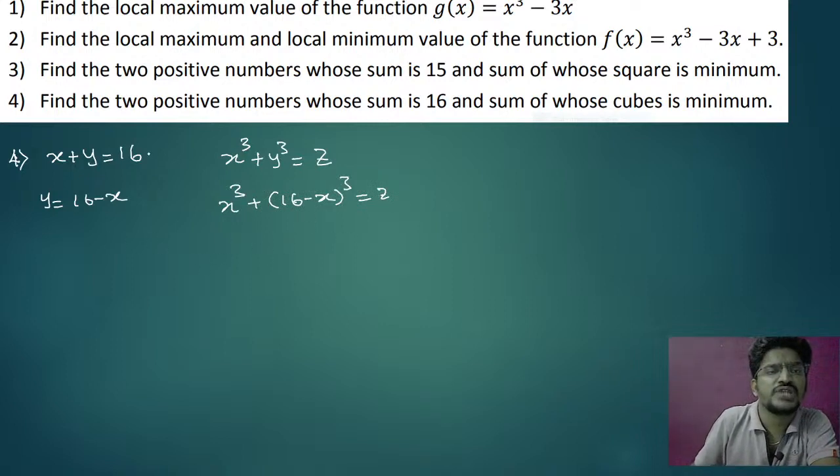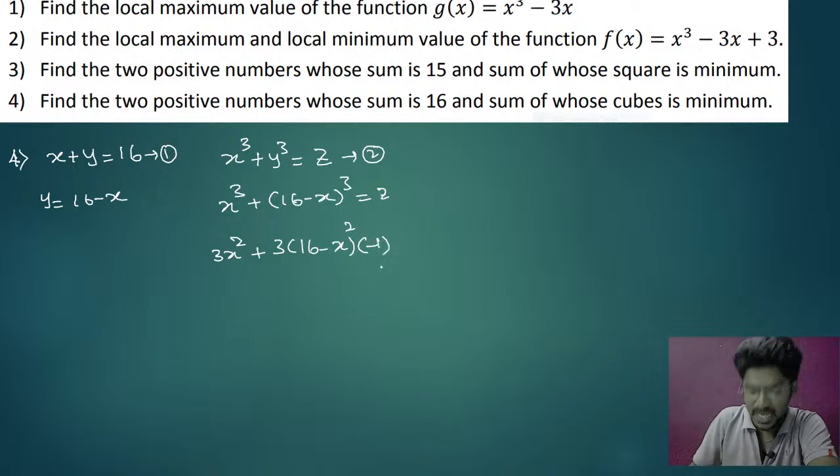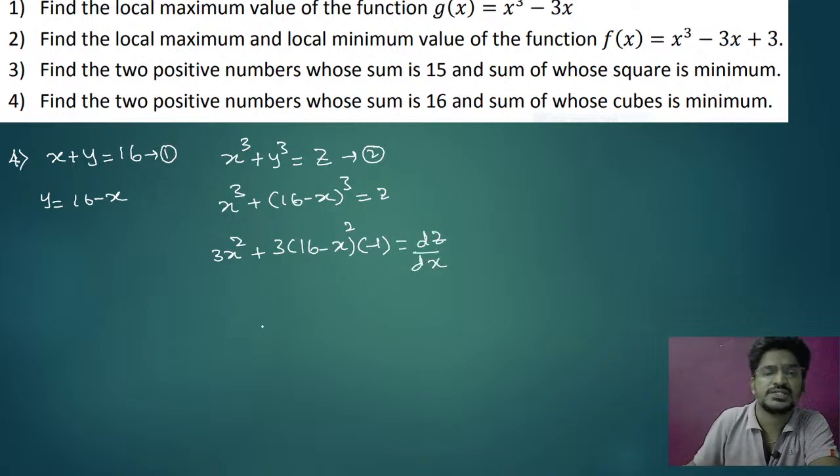Now we have to differentiate. Take the second equation and differentiate it. This will be 3x square plus 3 times (16 minus x) whole square into minus 1, because differentiation of 16 minus x is minus 1, equal to dz by dx.